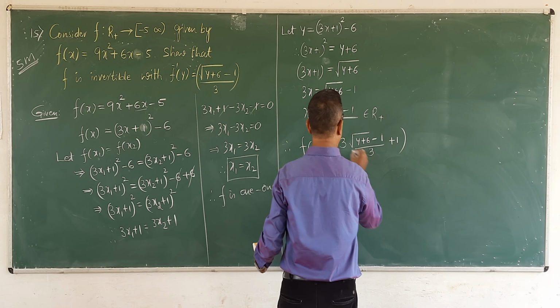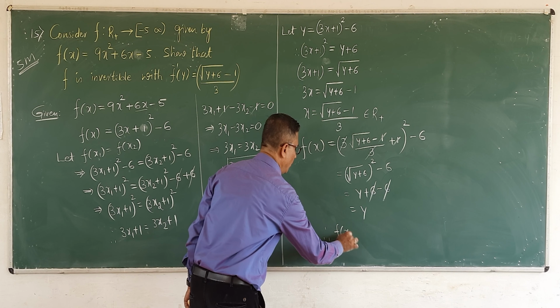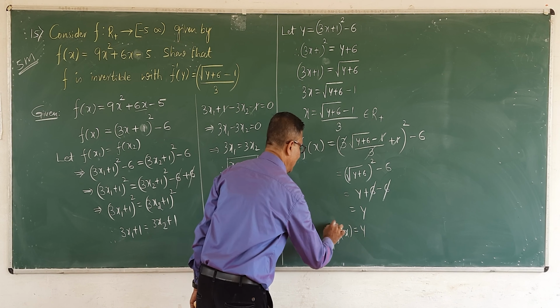Simplify. 3 cancel. That is root of minus 1 plus 1 cancel. Root of 5 plus 6 whole power 2 minus 6. Square root of 5 plus 6 whole power 2 is 5 plus 6, minus 6. Minus 6 plus 6 cancel. That is 1. Therefore, f of x is equal to 1.